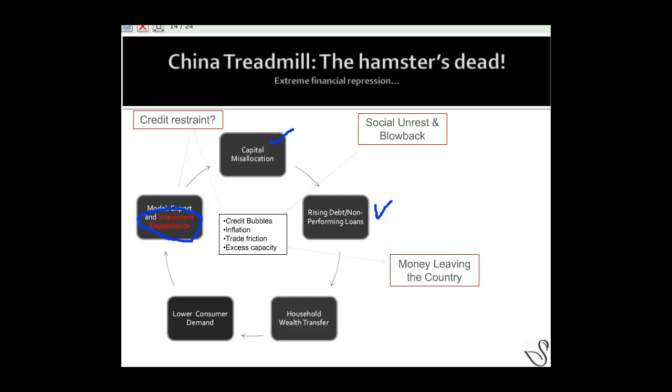What happens, and it happens in every country in the world, but the financial repression in China is even worse. They transfer money from the household sector, through these low deposit rates, from the Chinese citizens who can't invest outside their country, so they have to put money in the bank or look for some internal investments. But in general, that money sits at below market interest rates and is used to fund this investment dependence.